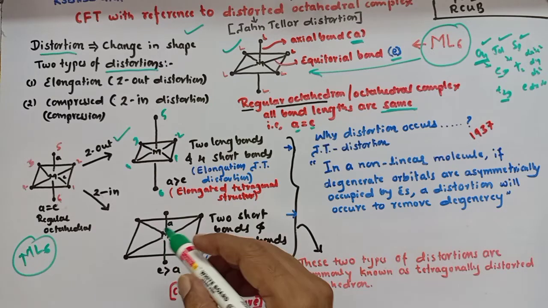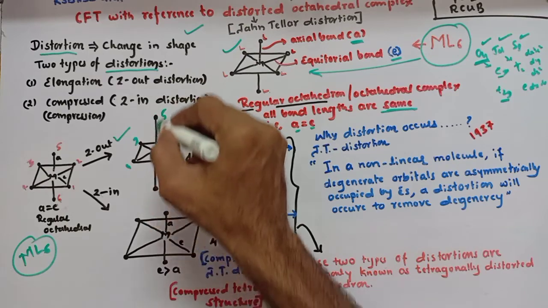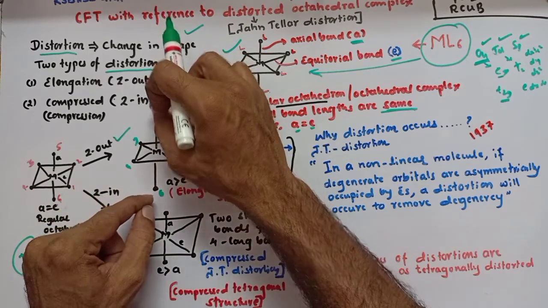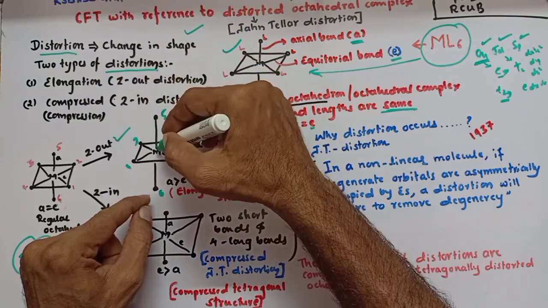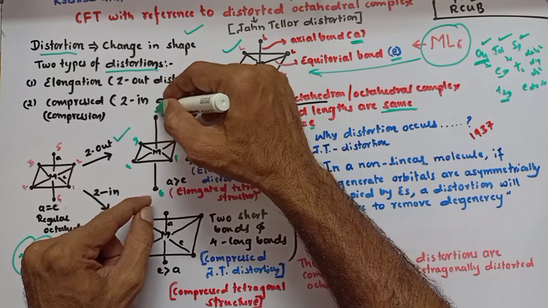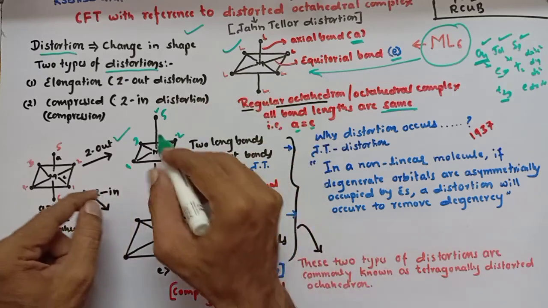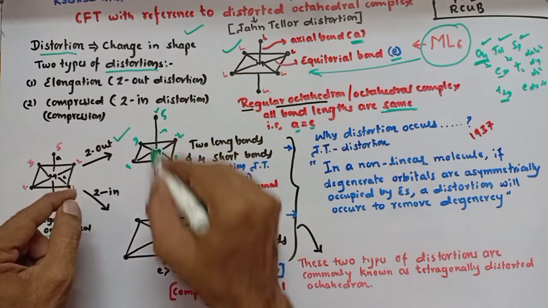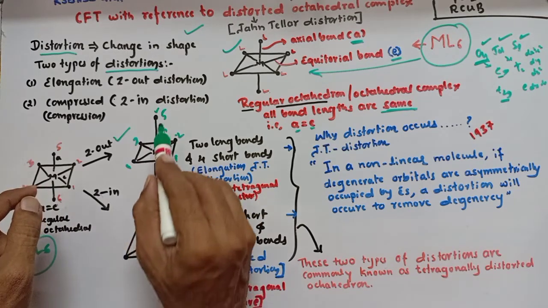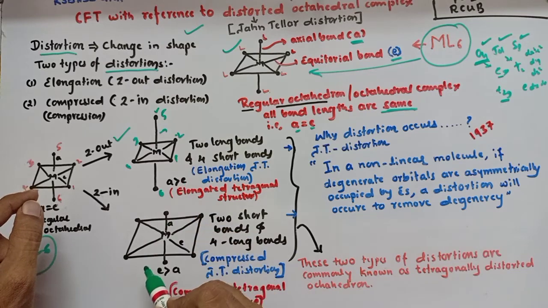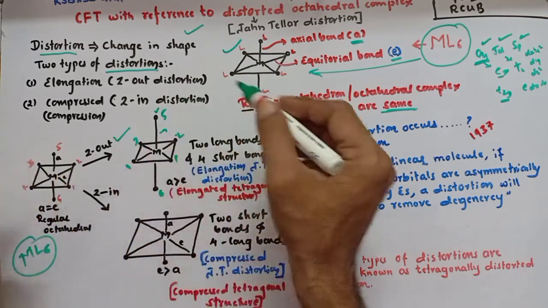In Z-out distortion, the 2 trans ligands along the z-axis have more length, that means the distance between the central metal ion and these ligands is more when compared to the equatorial ligands. So the axial bond length is more when compared to the equatorial bond. Such a structure will occur only when Z-out distortion takes place.